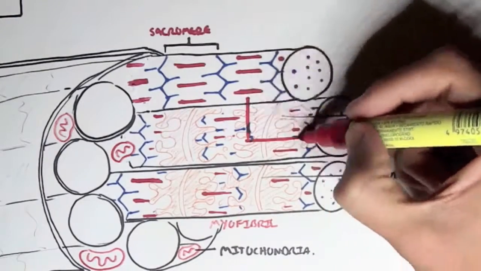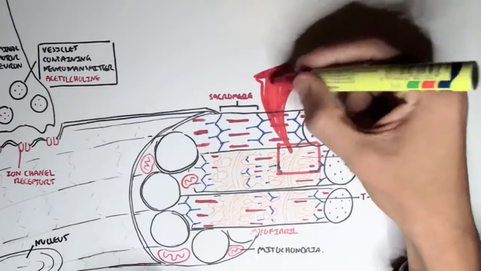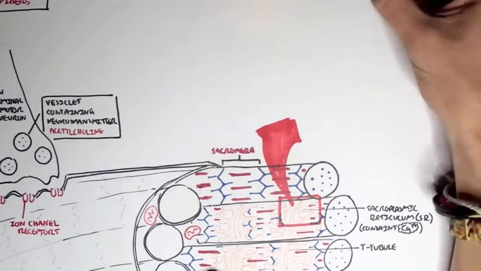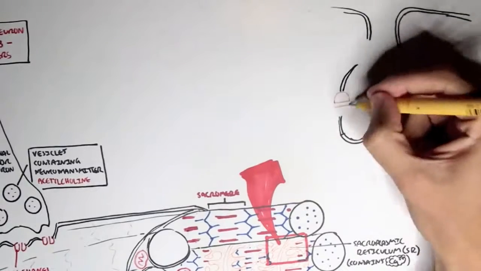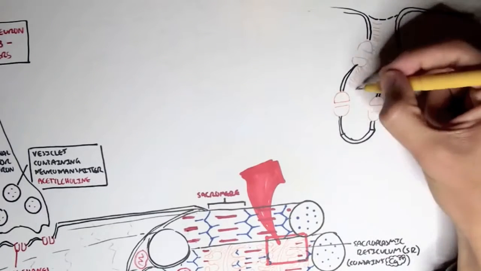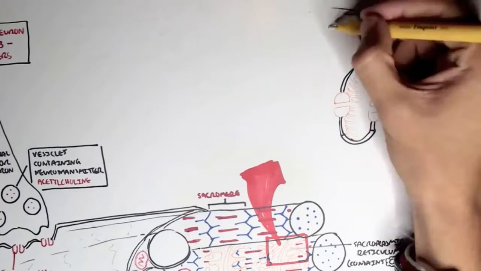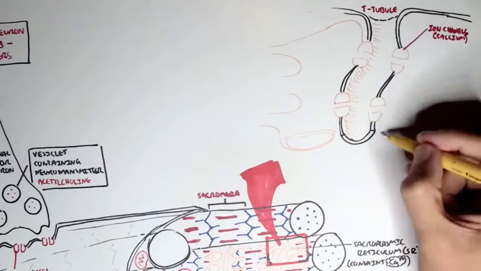Let's have a closer look at the T-tubule because the T-tubule has an important role in skeletal muscle contraction. The T-tubule essentially connects with the outer membrane and wraps around the myofibril. And the T-tubule contains special ion channels for calcium, here shown in orange. Surrounding the T-tubule, we have the sarcoplasmic reticulum, which contains calcium ions.